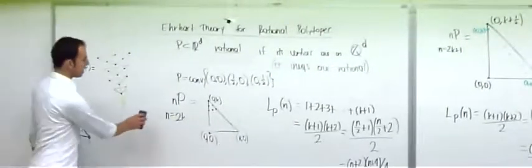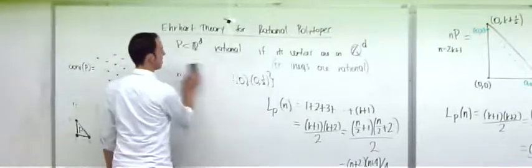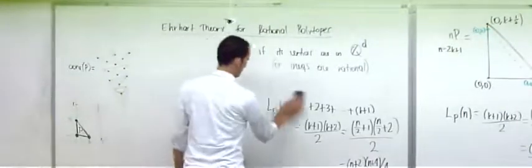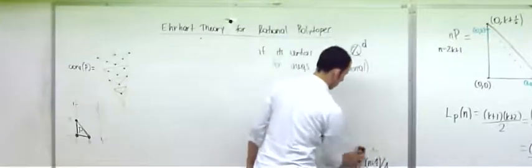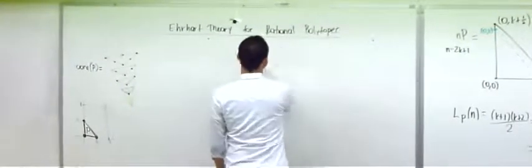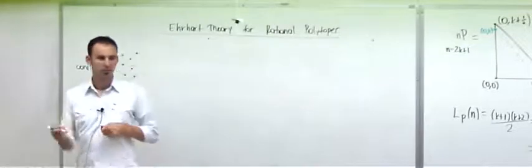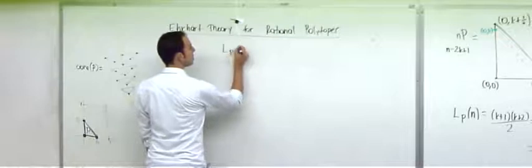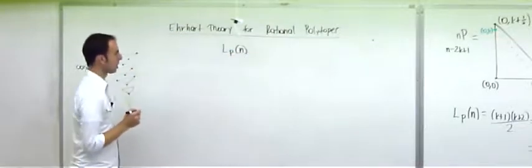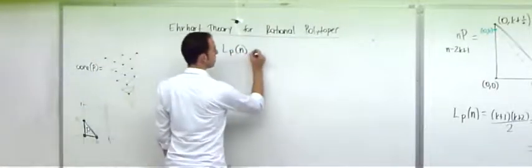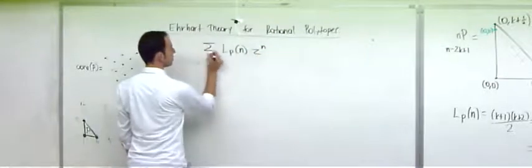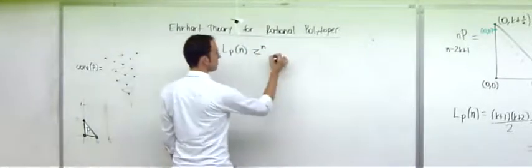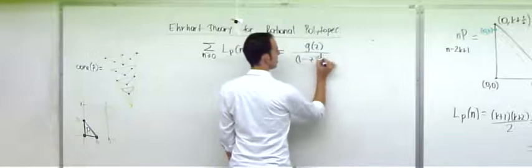So remember, how did we prove that the Ehrhart polynomial was really a polynomial? We did it with this lemma that when you consider the generating function, then we got some polynomial divided by 1 minus z to the d plus 1.